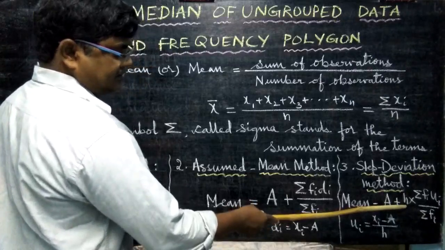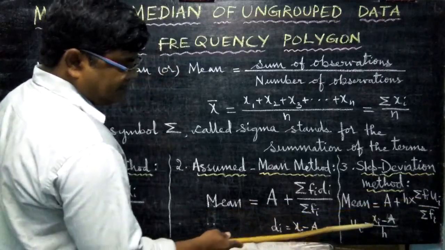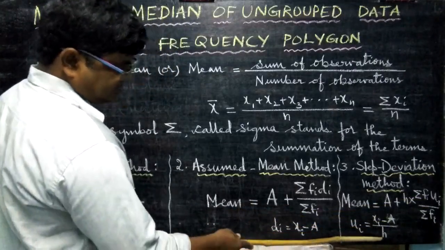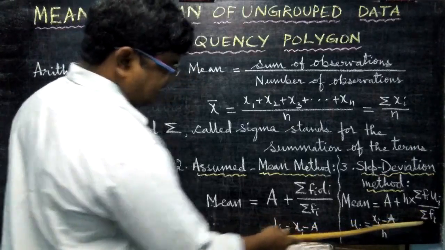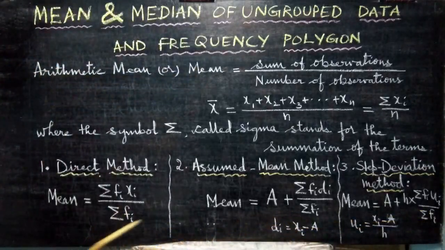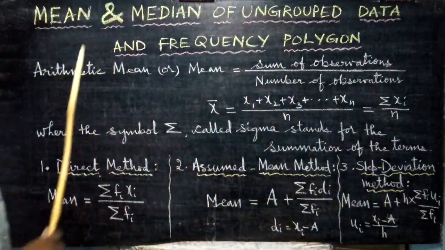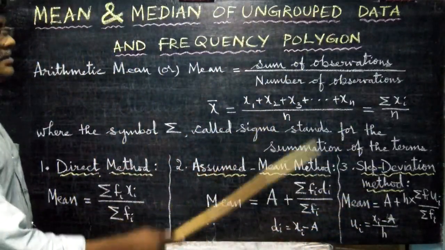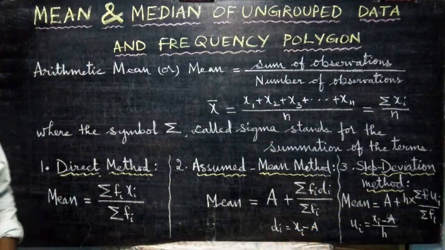And sigma fi ui, where ui is xi minus A by h, divided by sigma fi. The sigma fi is common in all 3 methods. So this is the introduction of this chapter. Please learn these formulas by heart carefully.